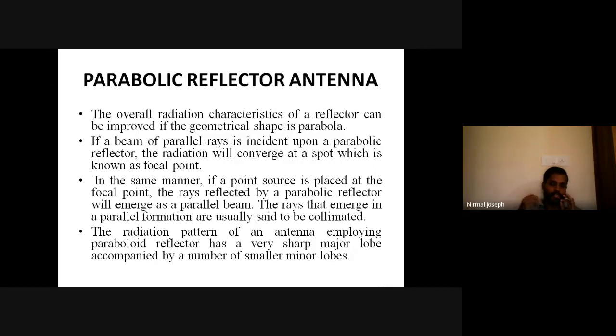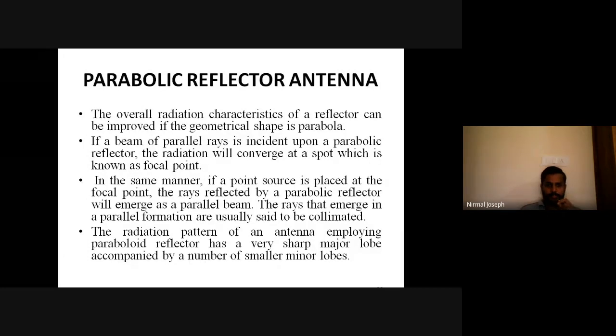The first case was the reverse: parallel waves were incident upon the parabola and it focused all those rays into the focal point. Now we place our source at the focal point so that the source radiates, and those waves incident on the parabola travel as parallel waves.